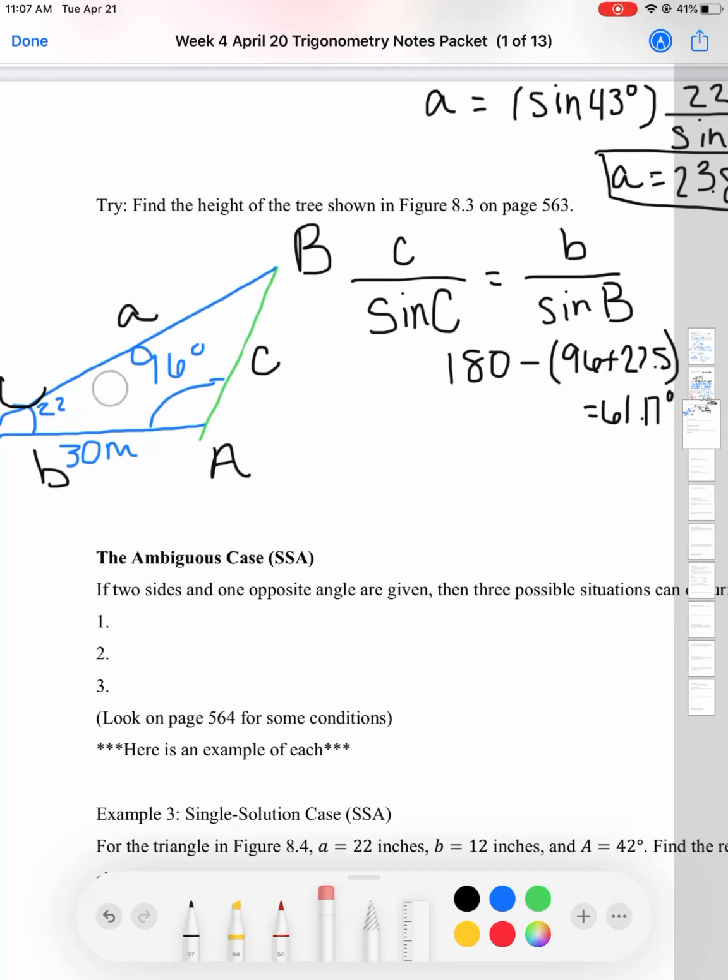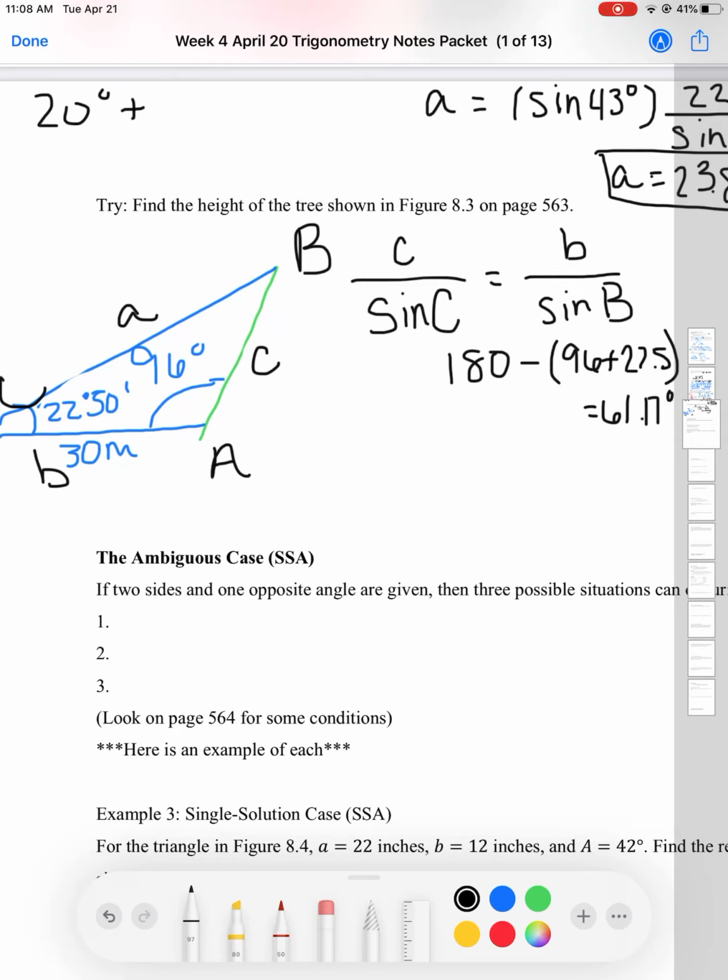Oh wait, hold on guys. I'm so sorry, I messed this up. This is not 22.5 degrees. This is 22 degrees 50 minutes, my bad. This is from chapter 6, remember? Degrees, minutes, seconds.